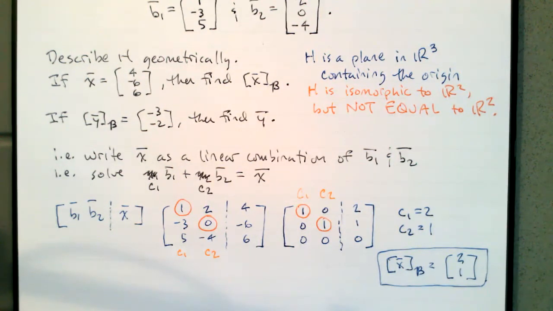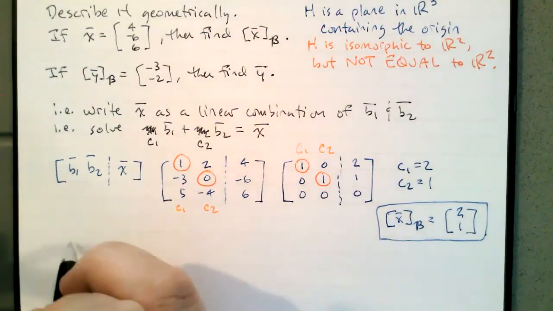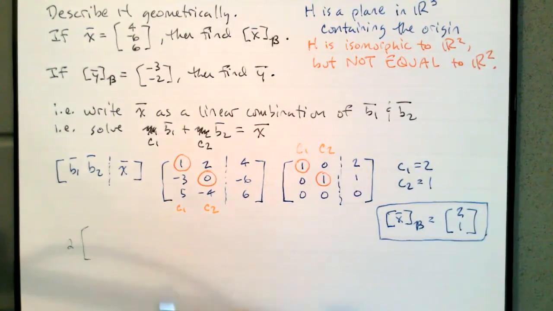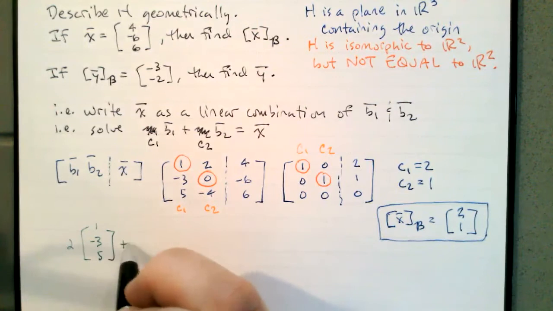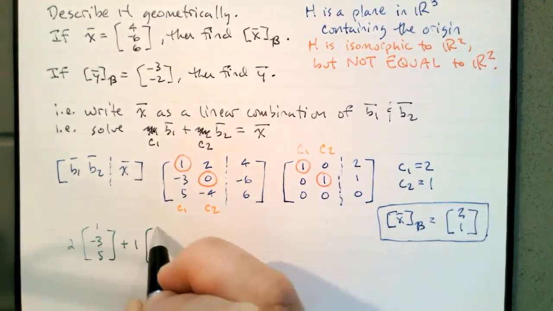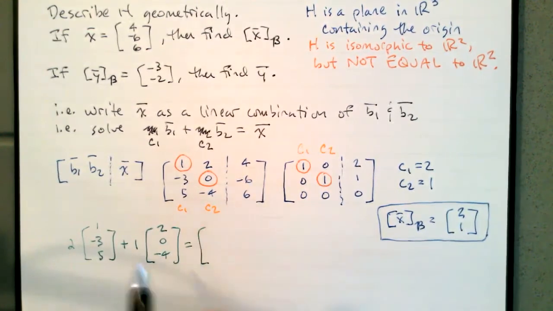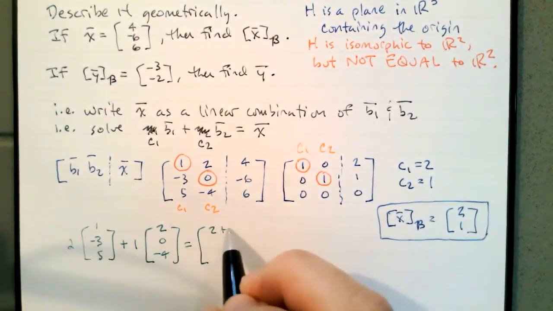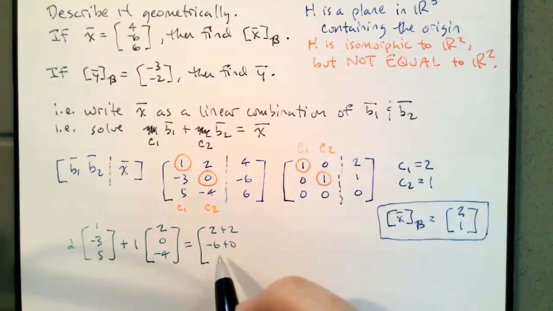What this means is that if I take 2 times b1 plus 1 times b2, that should get me x back. So if I take 2 times the vector 1, -3, 5, plus 1 times the vector 2, 0, -4, I get 2 plus 2, -6 plus 0, and 10 minus 4.